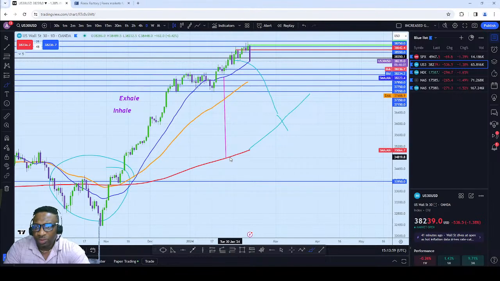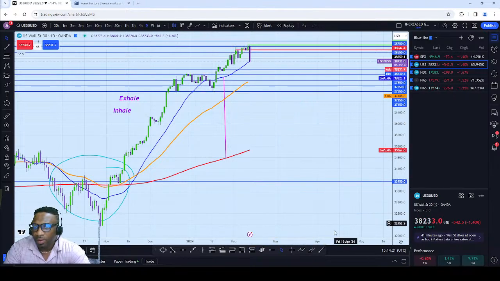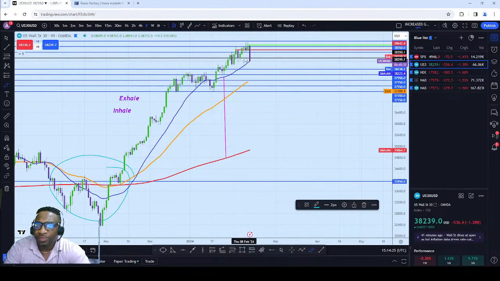So from the 200 moving average to where the blue line is, it's wide, and then from the blue line to where price got to, there's also some space there. So we can also see some space from here to where price got to.